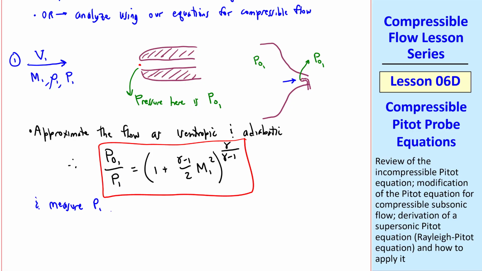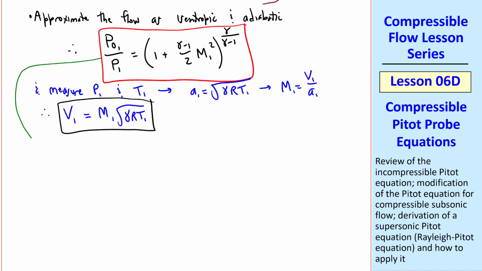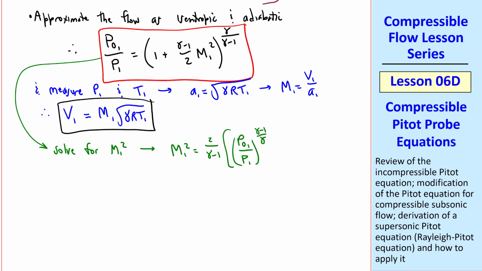So we need to measure that, as we said previously, and we also need the temperature so that we can calculate the speed of sound, A equals the square root of gamma R T, where T is T1, and from that M1 is V1 over A1, so V1 is M1 times the square root of gamma R T1. Now we can solve this for M1 squared. We get M1 squared is 2 over gamma minus 1 times ((P01 over P1) to the gamma minus 1 over gamma, minus 1).